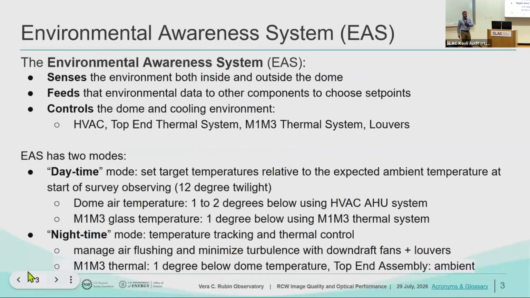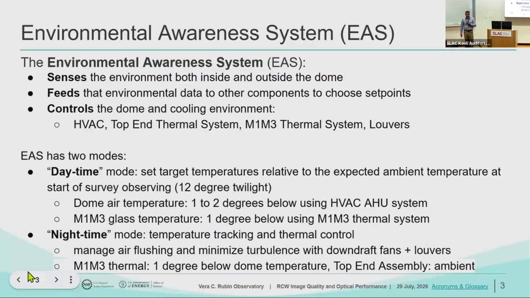So the Environmental Awareness System, or EAS, basically is the coordinator of all the thermal systems and sensors around the observatory. It feeds that information into all the other components and subsystems, and then actually creates a logical control and coordination between those subsystems.